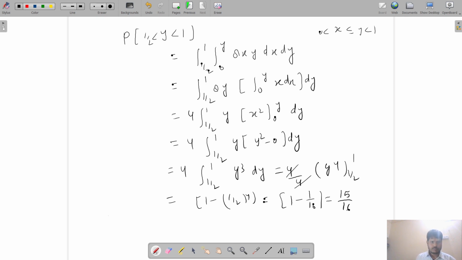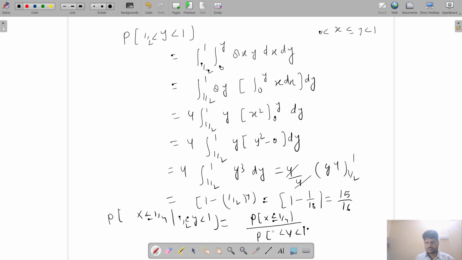Now the probability of what here? X less than or equal to 1 upon 4, given the probability of y less than 1 and greater than 1 upon 2, is equal to what? The probability of x less than or equal to 1 upon 4 upon the probability of y less than 1 and greater than 1 upon 2, right?